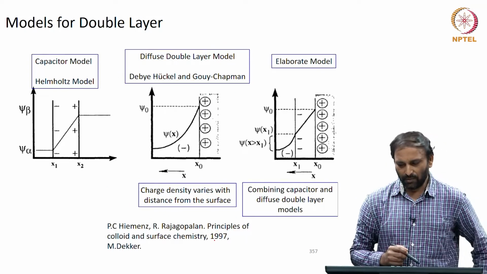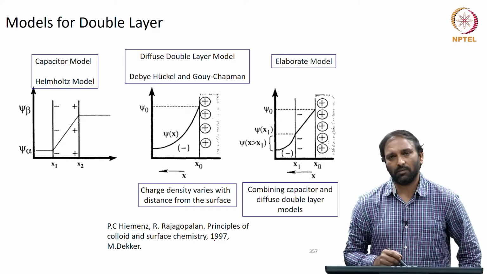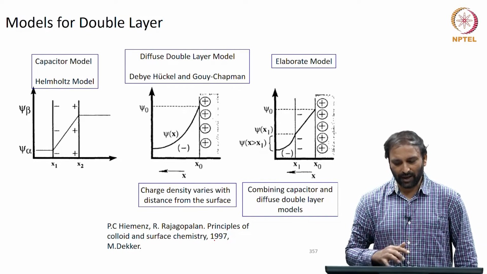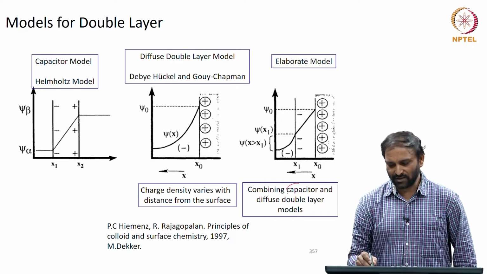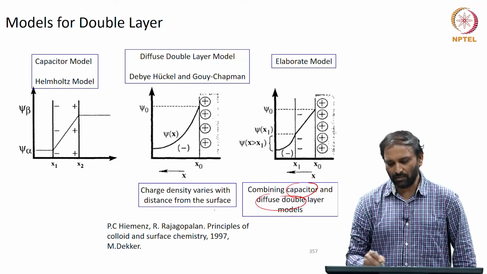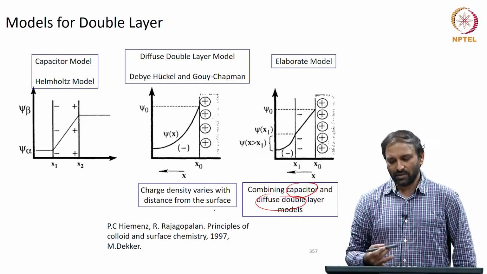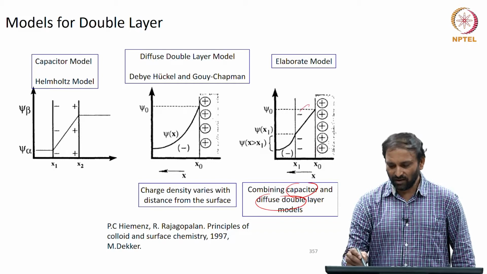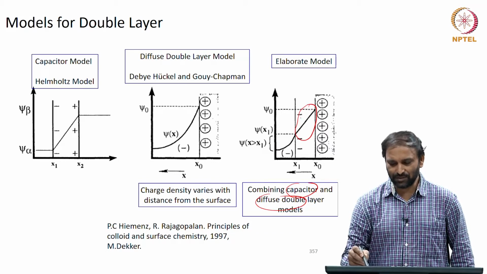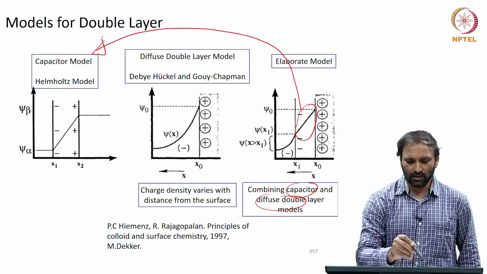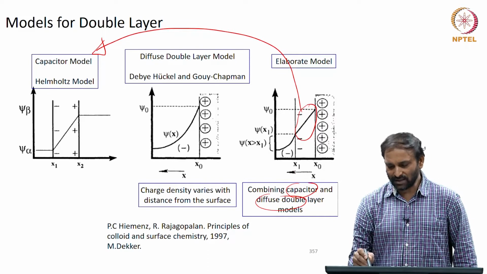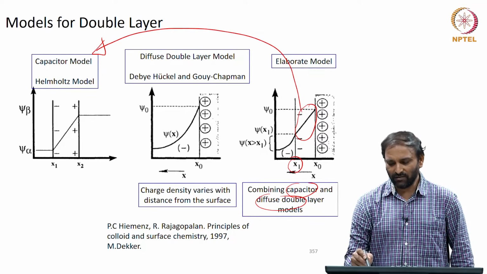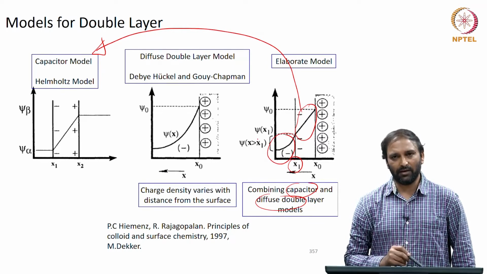However, one could also think about a more elaborate model in which you can combine both the aspects of the capacitor model and the diffuse double layer model. In the region very close to the charged surface you still have a linear variation that is captured by the capacitor model, and at a distance x greater than x1 you can have a diffuse double layer kind of model.